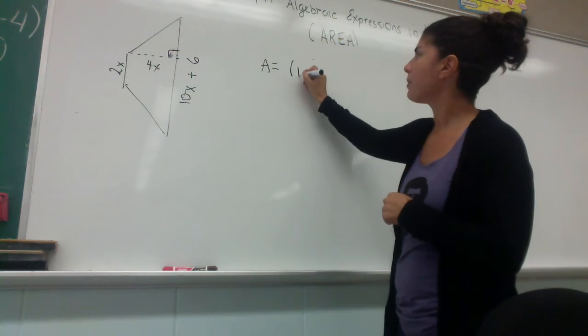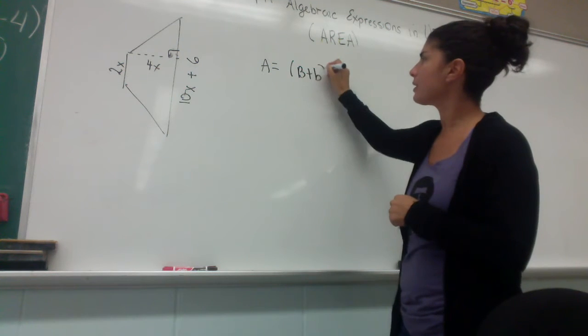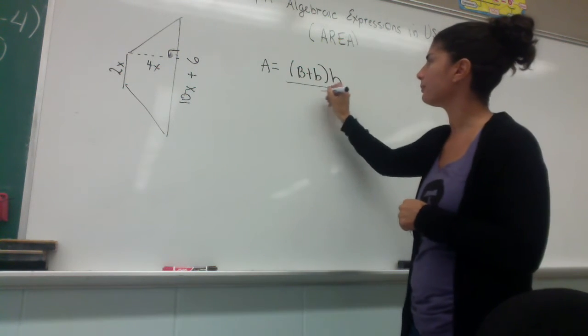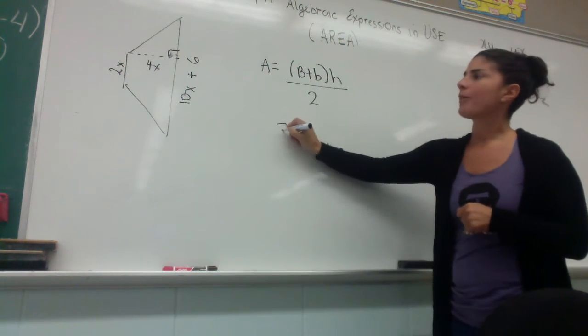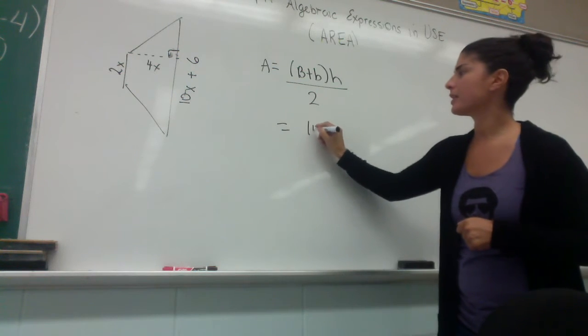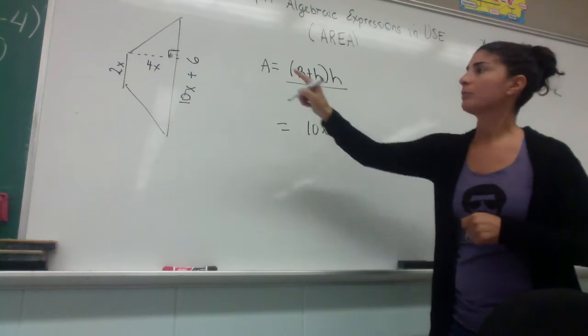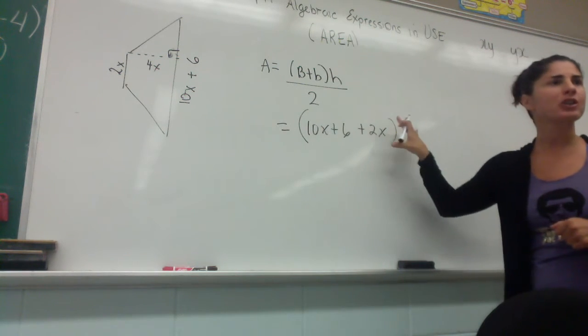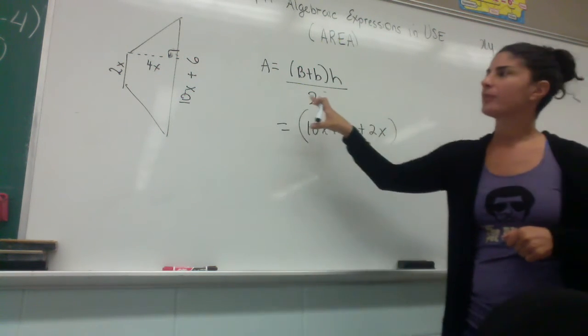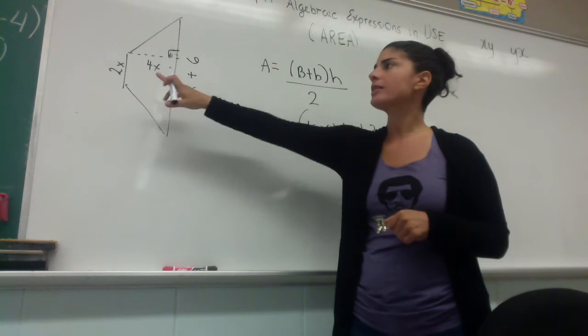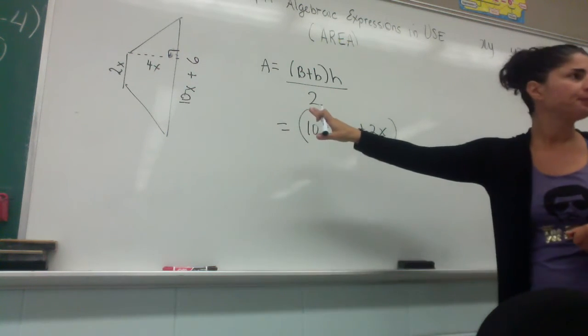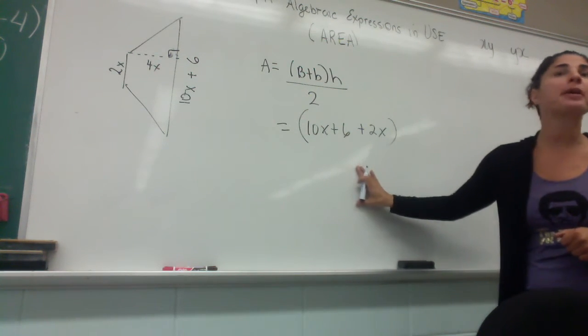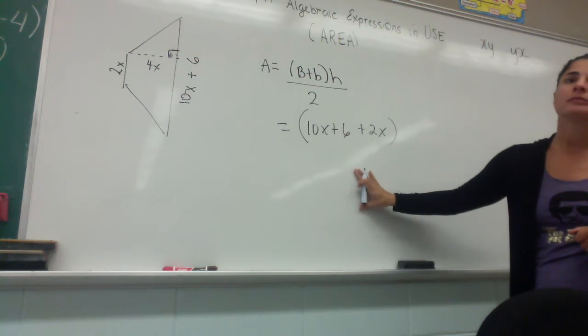So it's base plus small base times height divided by 2. My big base, 10x plus 6 plus 2x. Now some of you might actually do this here. You're like, hey, I know that this is 12x plus 6, and simplify right away. Does it make a difference if it's small base or plus?